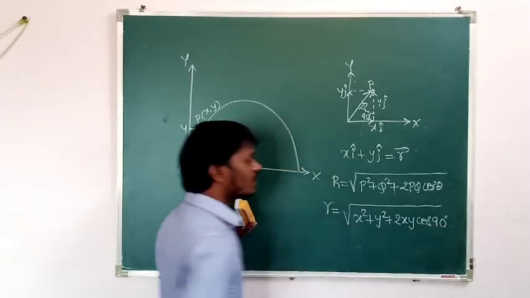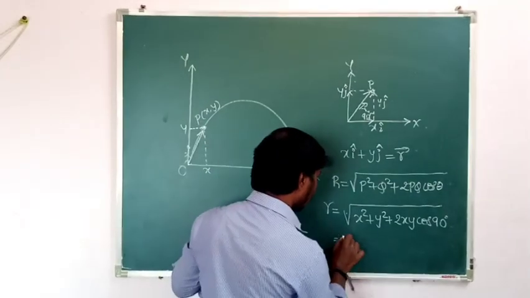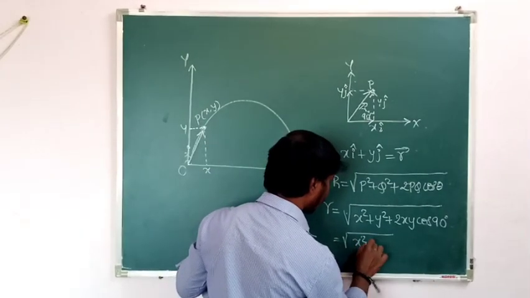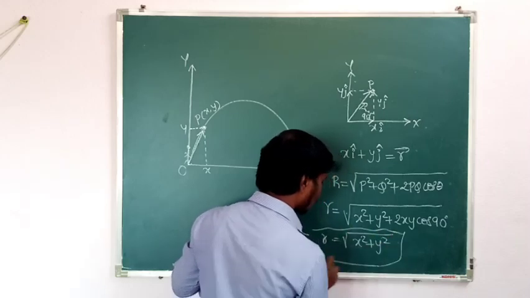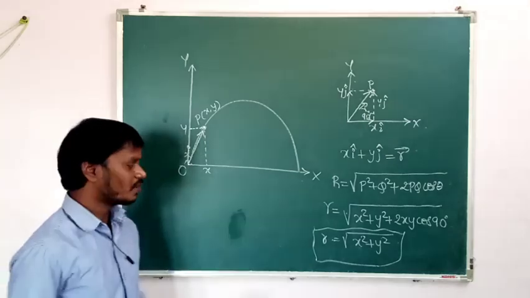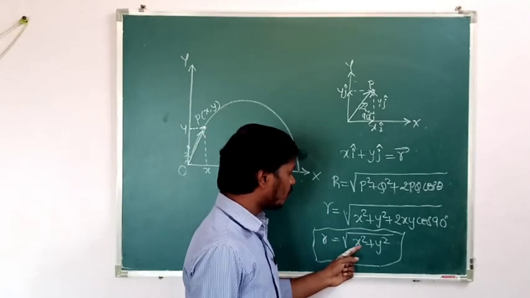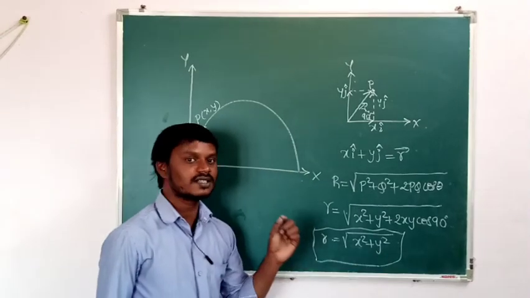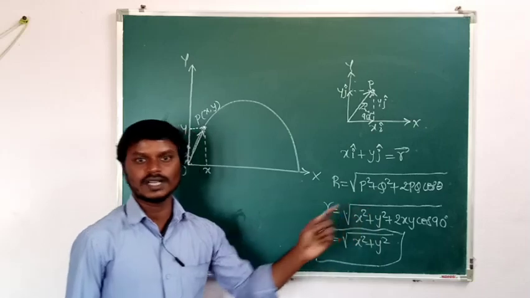What is the value of cos 90? That is 0. Then it is x square plus y square. Is it clear? So in order to find the magnitude of a vector, if two vectors are perpendicular to each other, the formula used is R is equal to square root of x square plus y square.